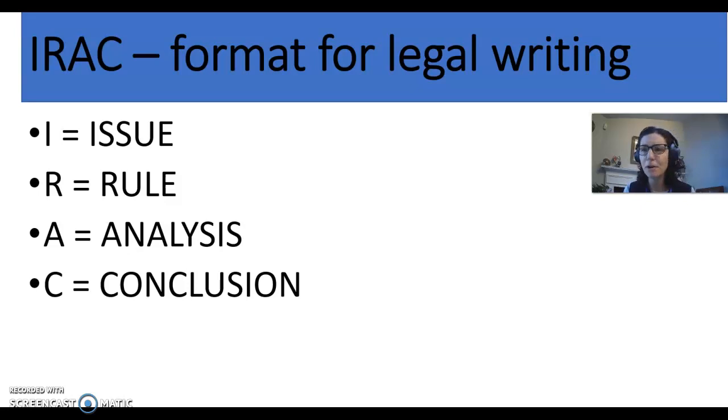There's another memo right after it called the Macmillan Battery example. Both Sack and Shop and the Battery case show us how to, with our legal writing, do issue, rule, analysis, conclusion. But in class, we're actually going to do another one involving burglary, and we're going to build it together in class. I promise we can do it.